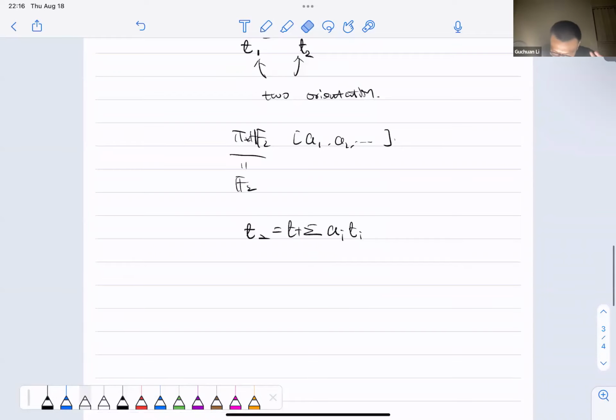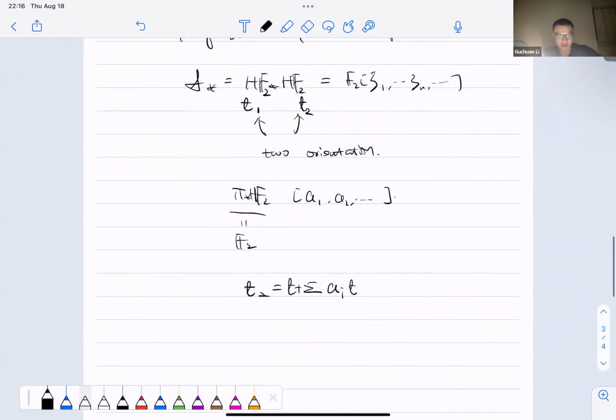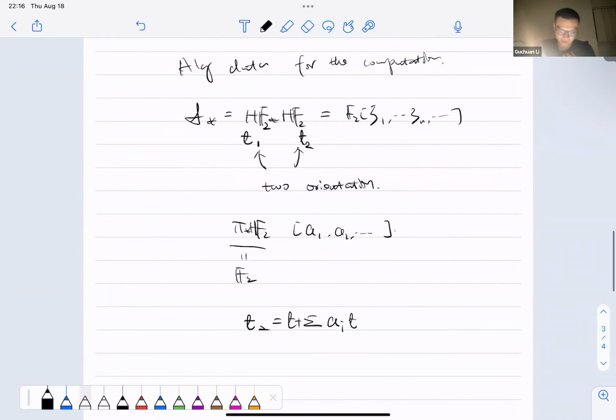But something different is, in the case where I'm doing E star of mu, a universal formal group law, there's no restriction. I can just map my formal group law to another one. But here the target is HF2, so it also has to be an additive formal group law.